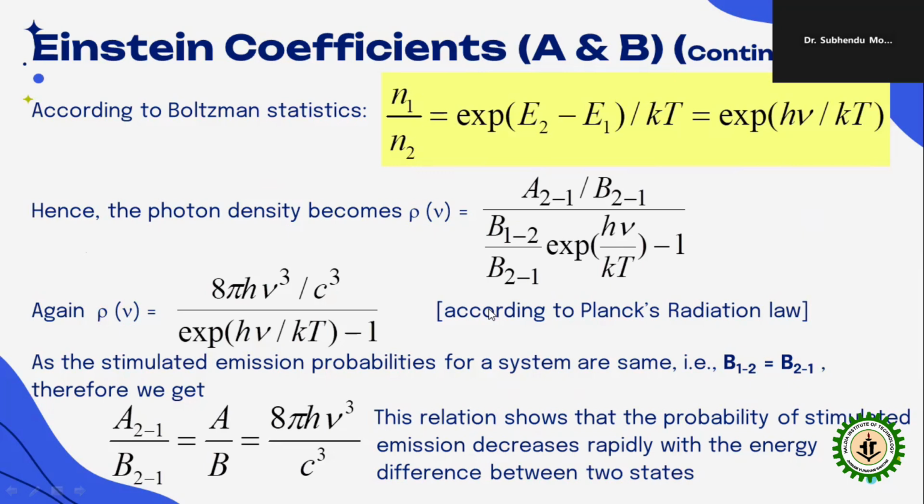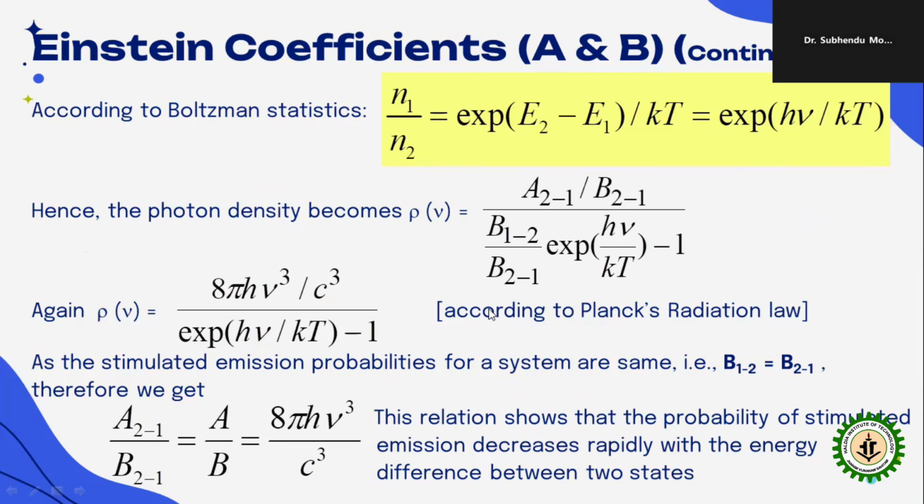As these probabilities are the same, whatever the system or quantum state is, for a particular photon density and a particular number, the stimulated transition rate is the same. Therefore, we can say that B12 is equal to B21.